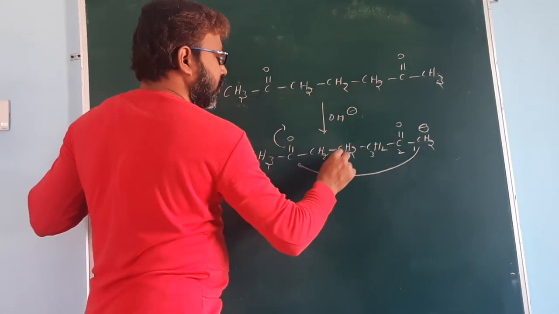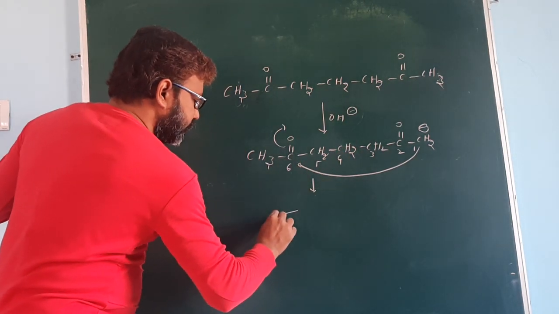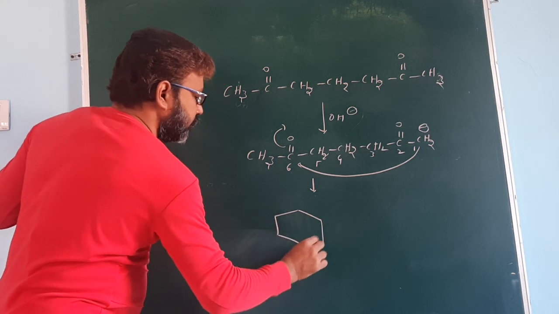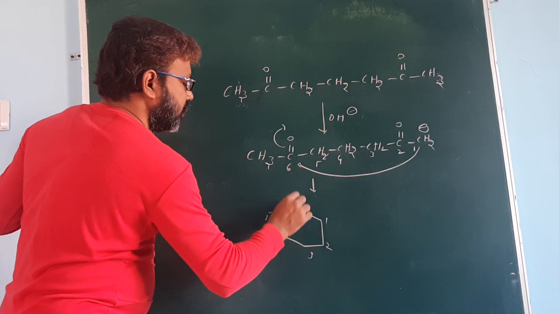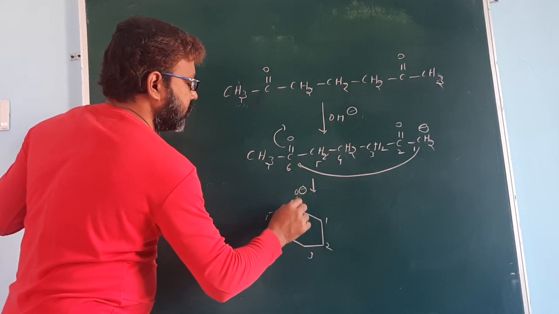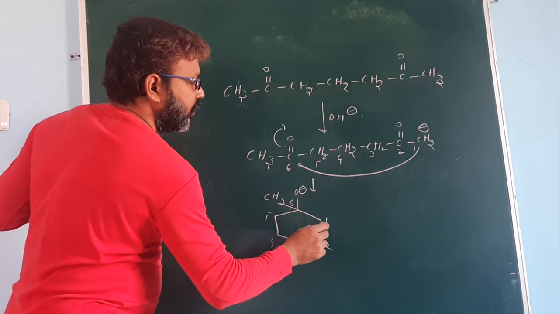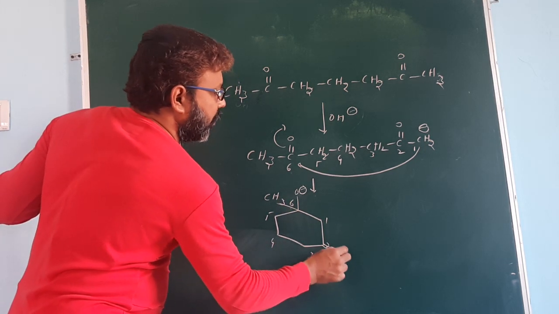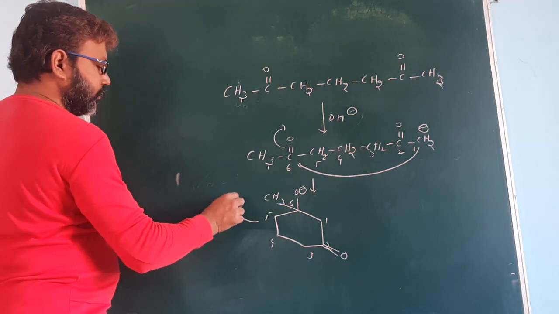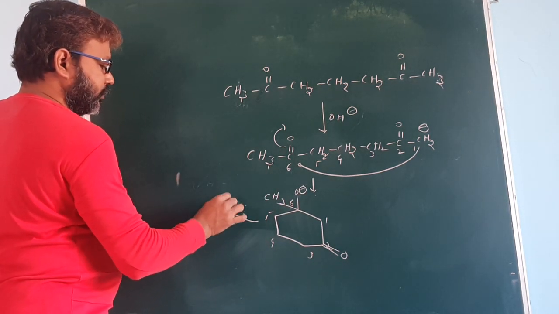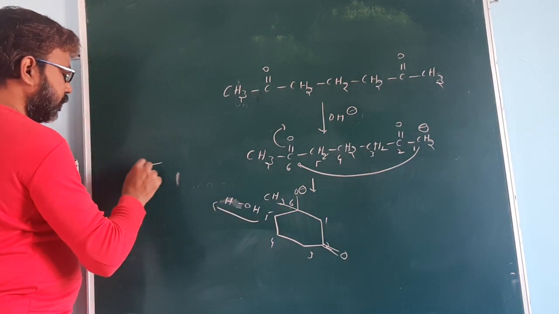1 2 3 4 5 6. We get a 6-membered ring. So it has O minus. So CH3, second carbon C double bond O. It accepts the proton from water. H plus attacks here.